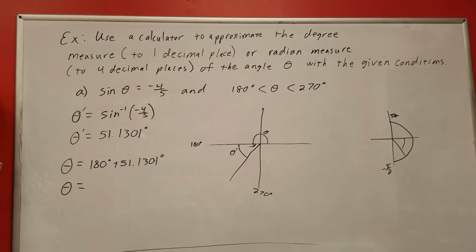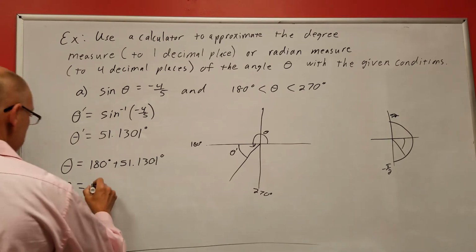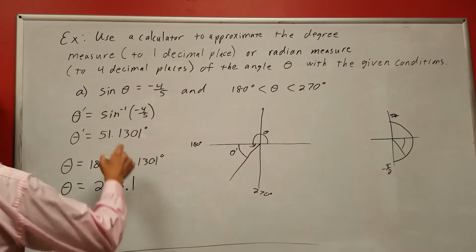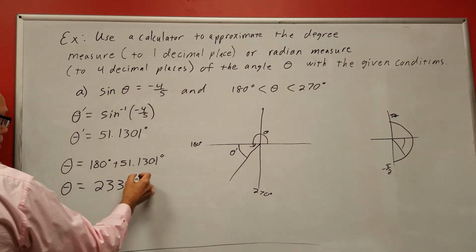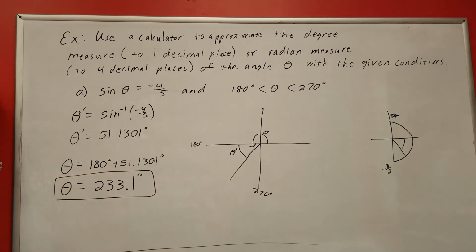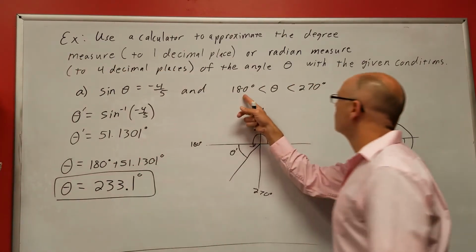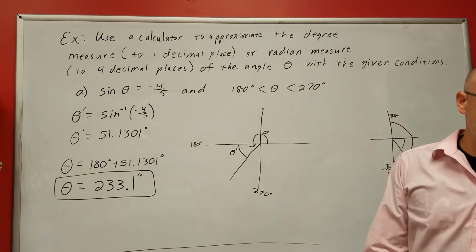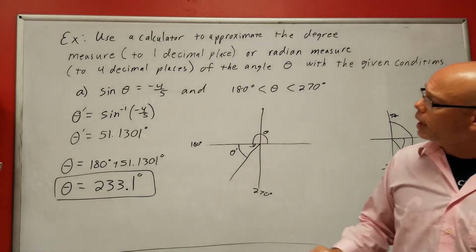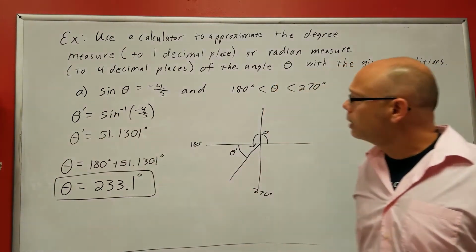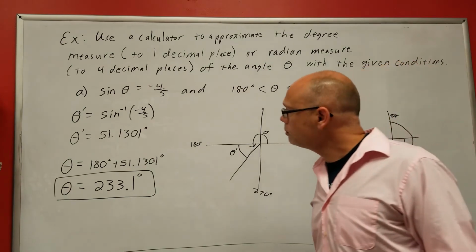I get 233.1. Now go ahead and round it to the nearest tenth or 1 decimal place like they're saying. That is the angle, 233.1 degrees, that falls between 180 and 270, whose sine is -4/5. Notice we had to use a reference angle, and we had to use the inverse sine.